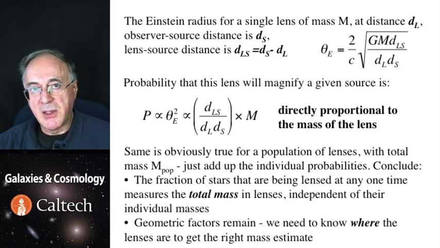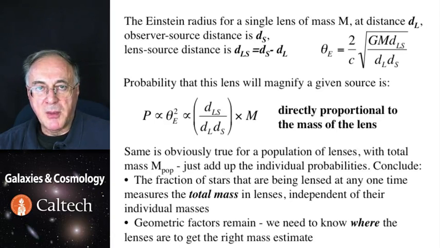Thus, we can have an insight into the masses of the lenses, and if we look at the whole population of stars, then we can just add them up. So the net total fraction of all stars that are being lensed per unit time is giving you effectively an optical depth due to gravitational microlensing.